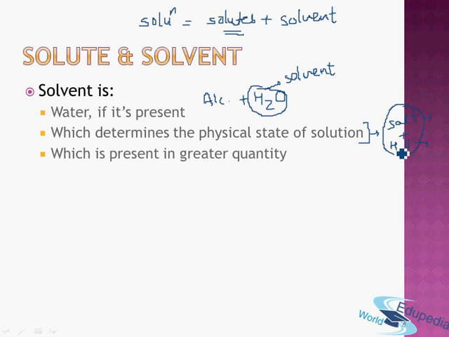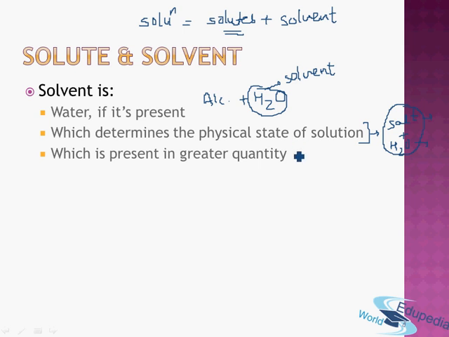If you see a sponge, what will you say? It is a solid. So in that case, the solid will be taken as the solvent, and the other gas or substances in it will be taken as solute. This is the rule that we generally follow.